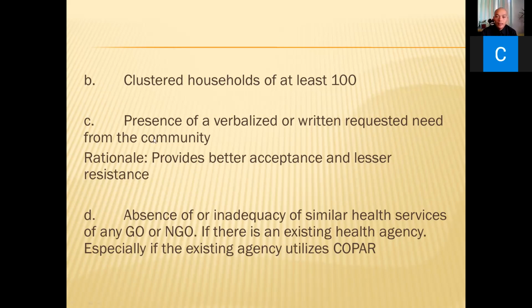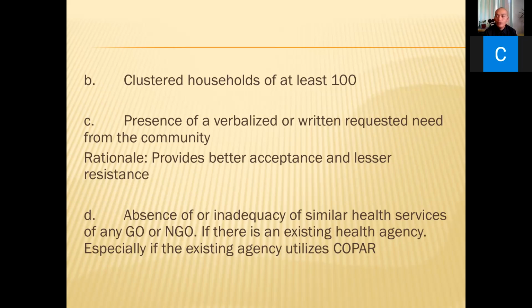Letter C, presence of verbalized or written requested need from the community. This is a very good criterion in choosing. If the community itself is the one writing to the organization or to the school saying, good morning, Ma'am Magbilang, we are from the community of Mr. Gonzalez and we have learned that you have been sending nursing students in Kapangan to give health services.